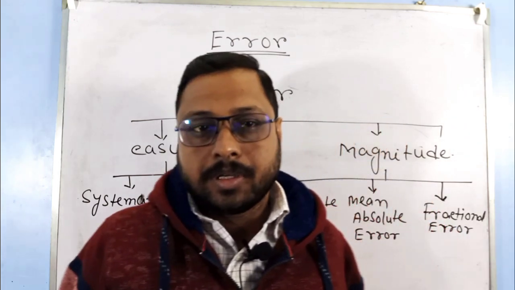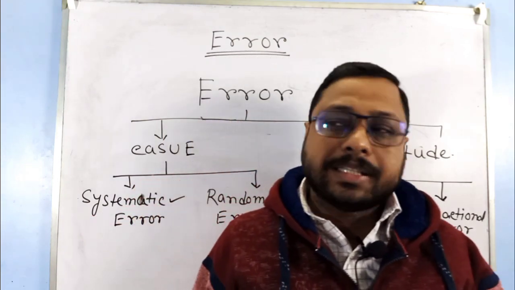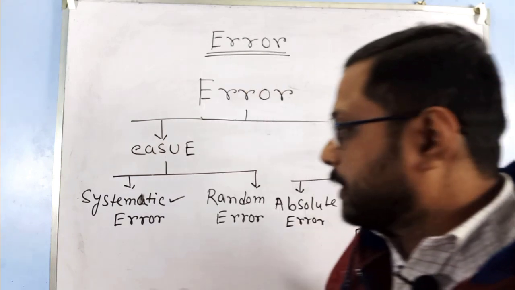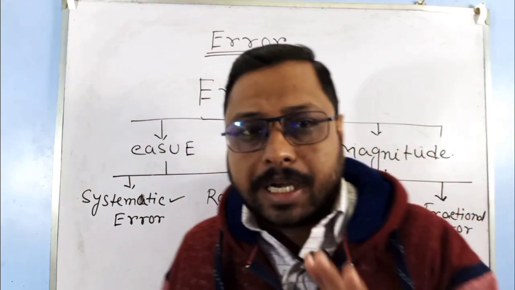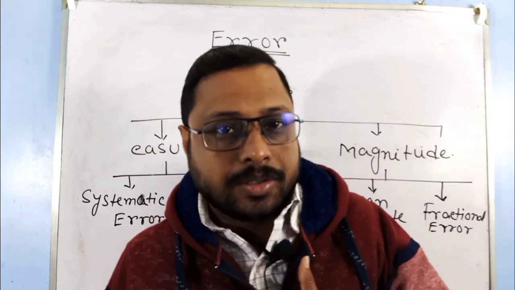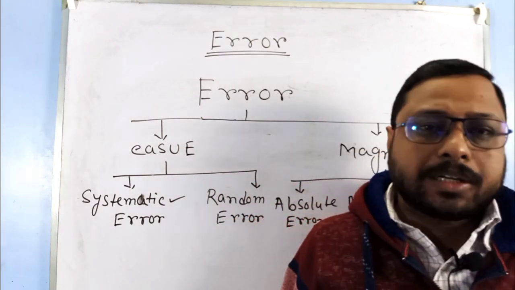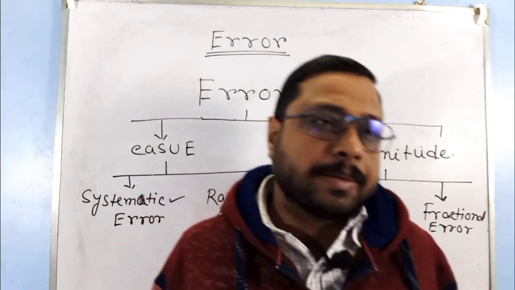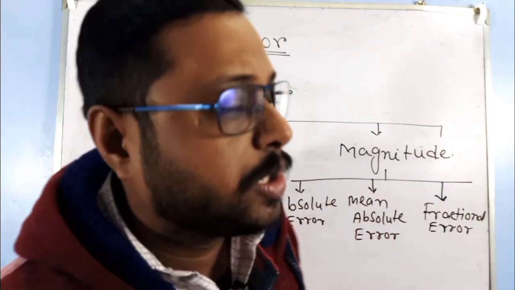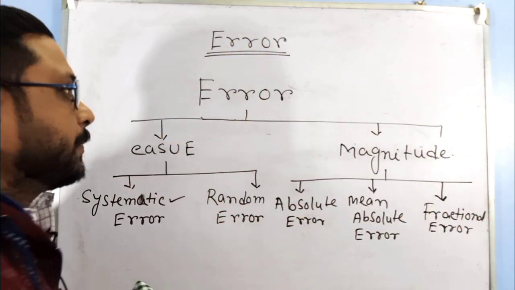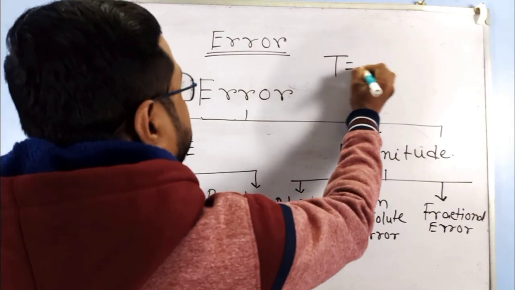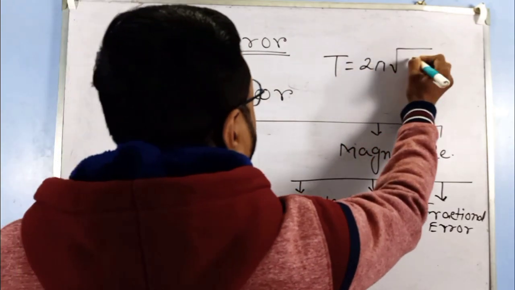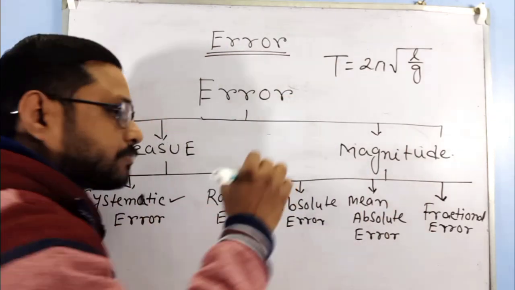a more accurate instrument, and another reason for systematic error is our negligence. When we neglect some factor which affects the experiment, then this systematic error occurs. Suppose we measure the time period of a pendulum T. We know T is equal to 2π under root L by g.